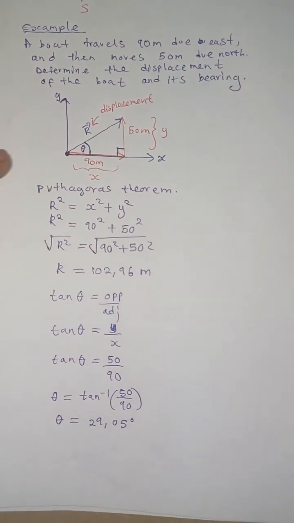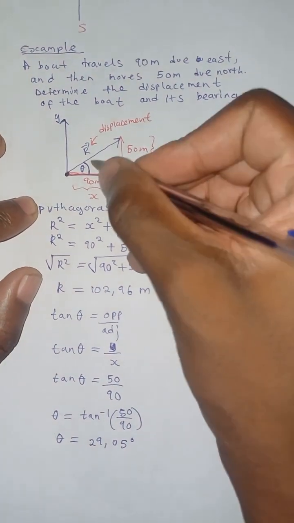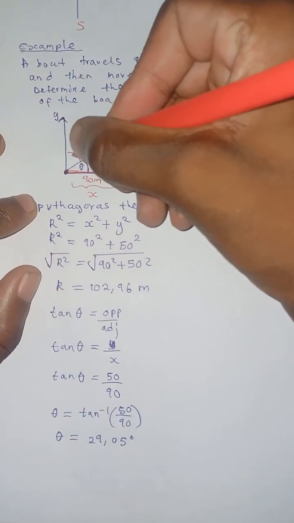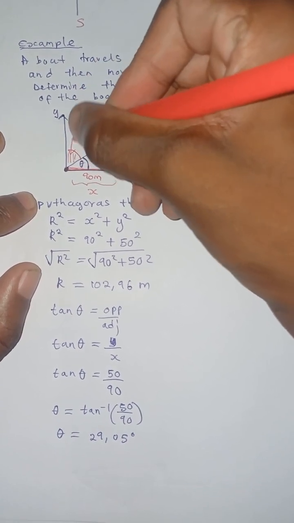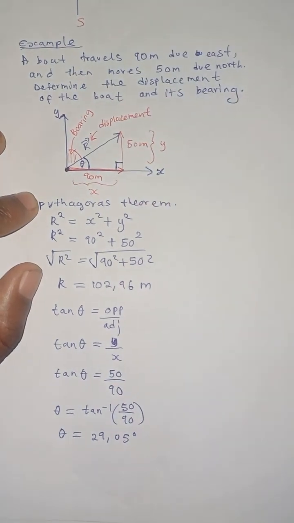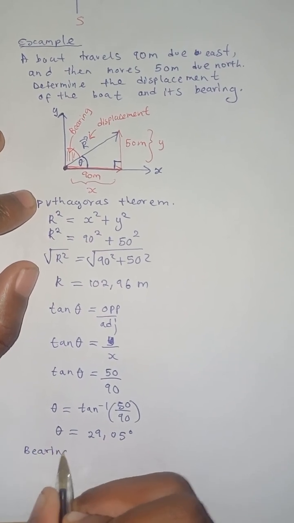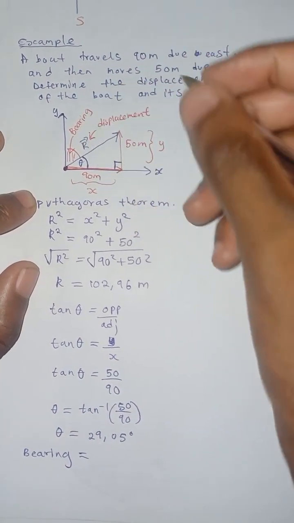Then from there we have the theta, this angle. Now the bearing is this angle here. This is the bearing. So then to find the bearing, we just say this whole angle here is 90 degrees.